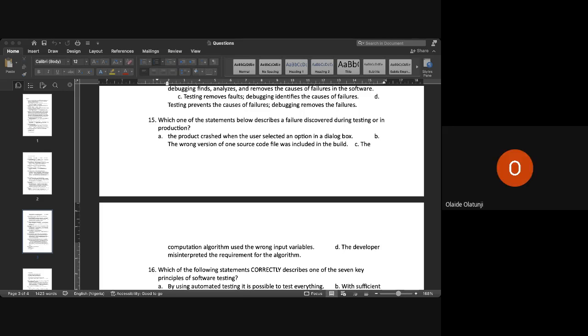What is error? I think error is a mistake in the application, in the software. It's in the document.